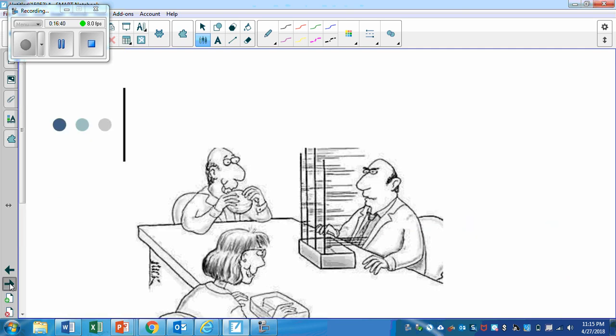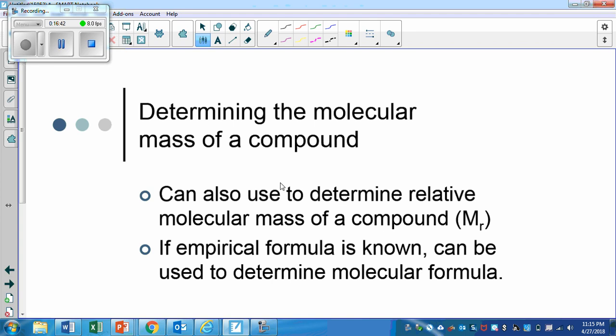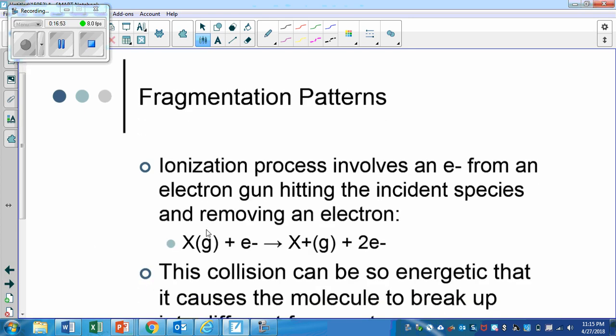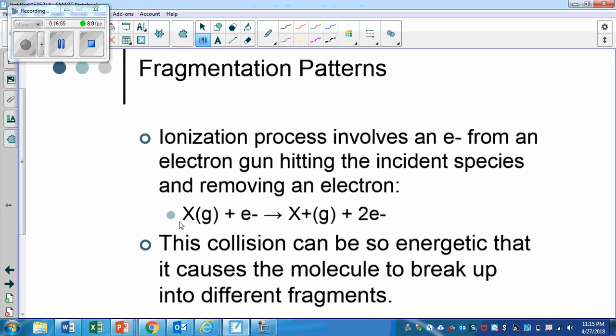The second is that we can also use it to determine the relative molecular mass. We will be given an empirical formula, and we will use it to calculate the molecular formula. So again, understand the process. We have a compound, and an electron is going to be lost.